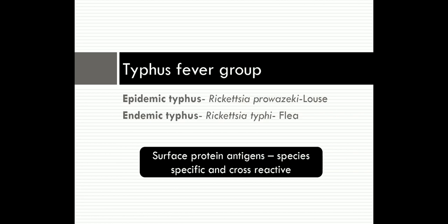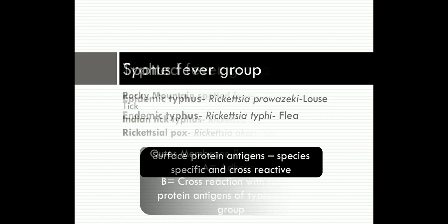Please remember that both of them possess surface protein antigens which are species specific and cross reactive. The outer membrane protein B is usually present in the typhus fever group, and it is coded by the SCA4 gene. SCA stands for surface cell antigen.